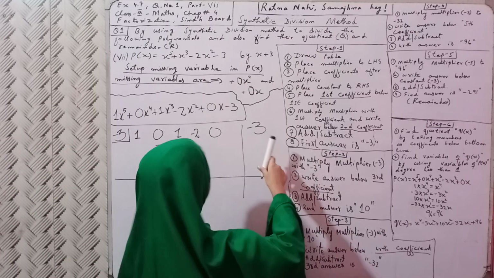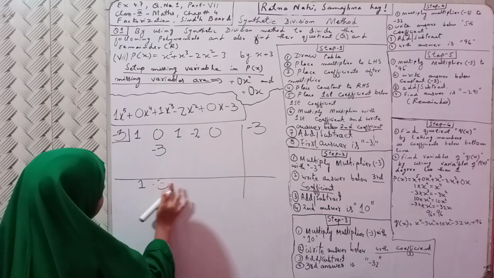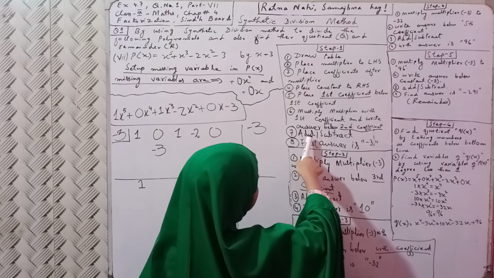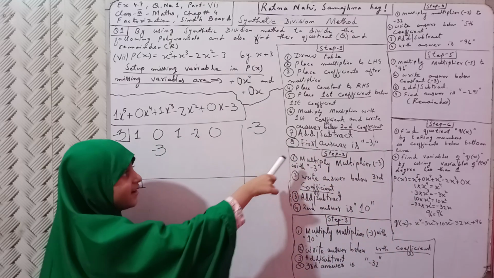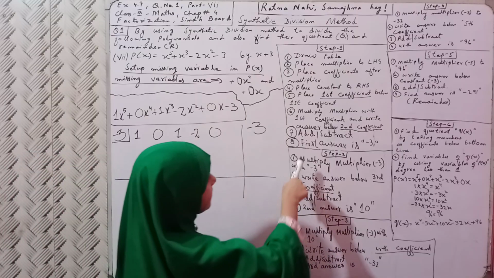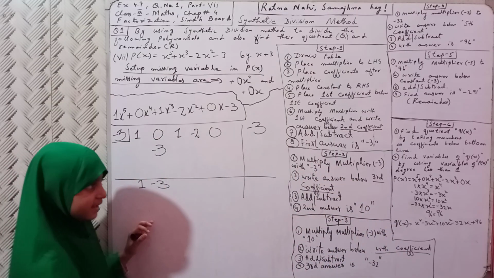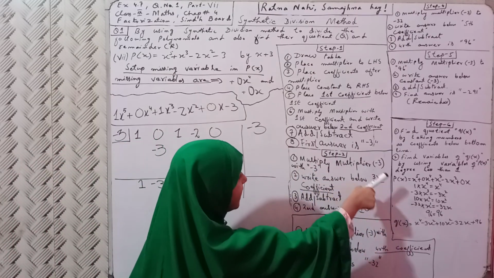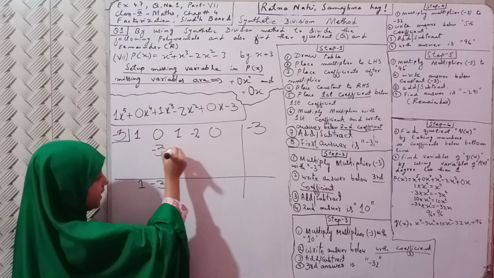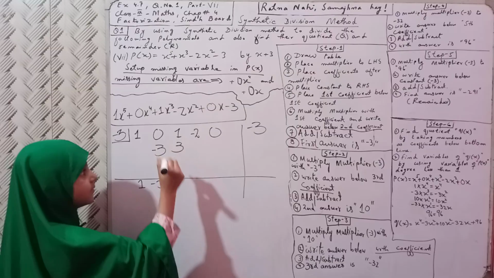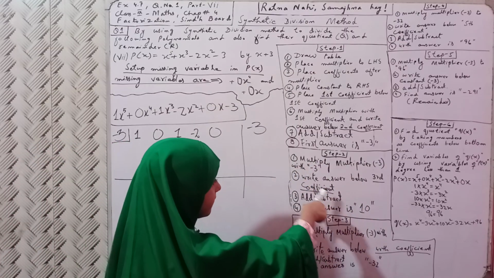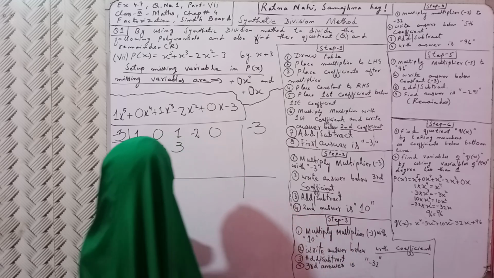Understood? Then write the answer below the second coefficient and add or subtract. So here will come minus 3. The first answer is minus 3, correct. Then multiply minus 3 with minus 3. Minus times minus, 3 ones are 3.